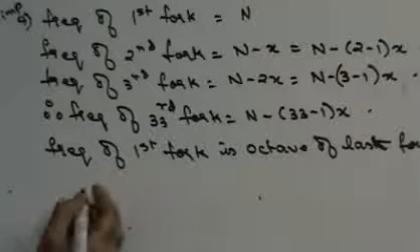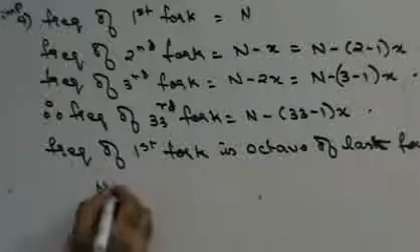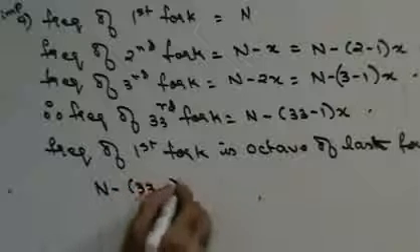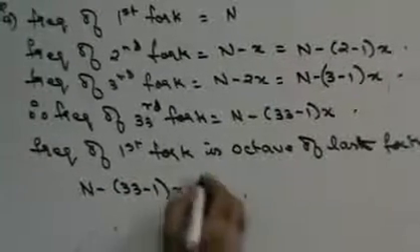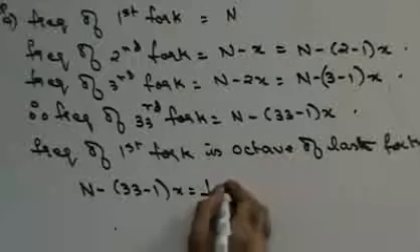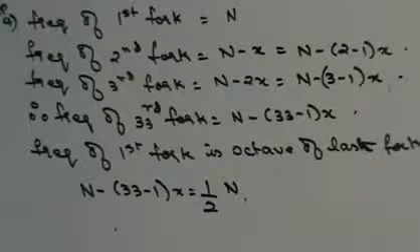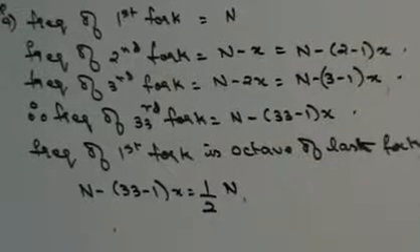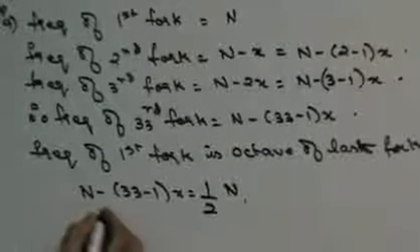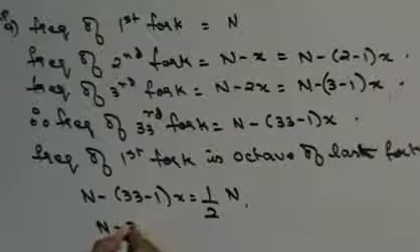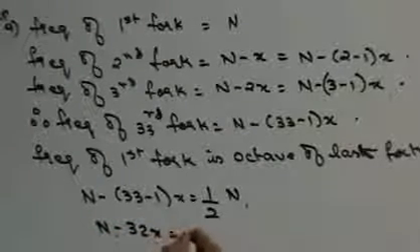It means that the frequency of the last fork, that's n minus 33 minus 1 into x, is going to be equal to half of that of the first fork. First fork is n. Octave means the frequency of the first fork is double that of the last fork. Fine, do we get this? So if I solve this, I'll get n minus 32x is equal to 1 upon 2 n.